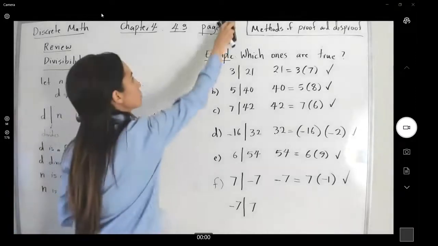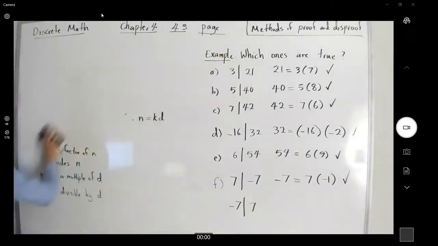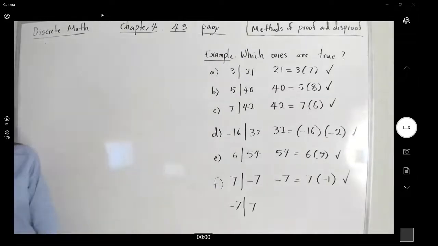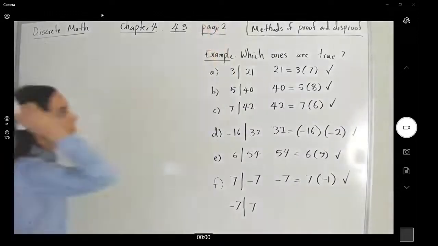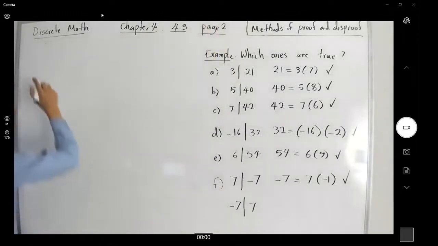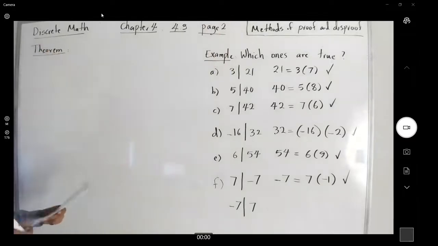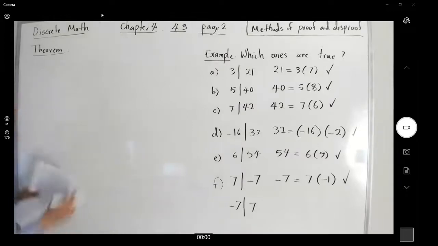So let us move on to the second page. Page 2. So here we have a theorem. As the theorem says, suppose you have integers a and b, and they are positive.